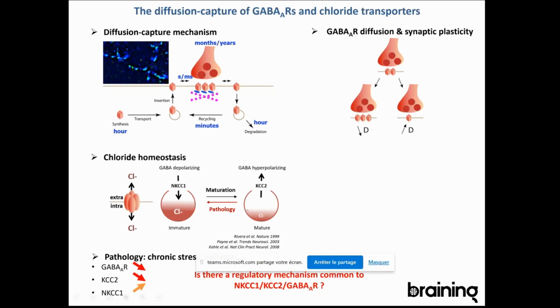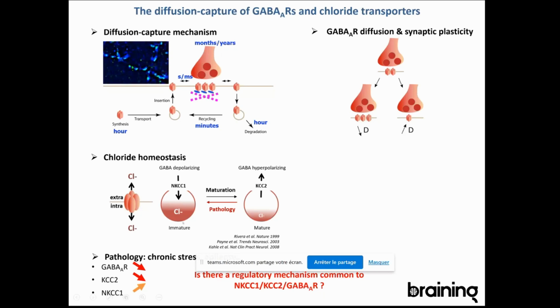But you can also change the efficacy of the synapse independently of the receptor, for instance, by looking at some chloride transporter. Why? Because this GABA receptor is permeable to chloride. So chloride can go in or out of the receptor.